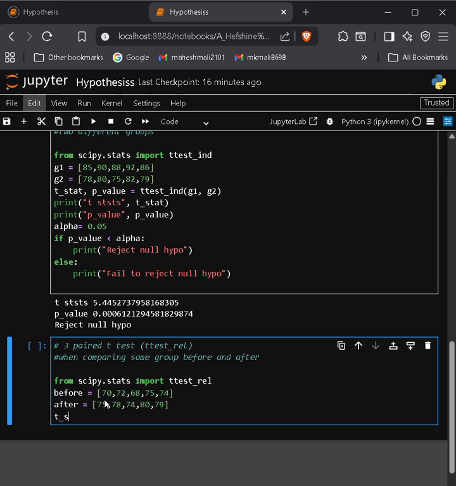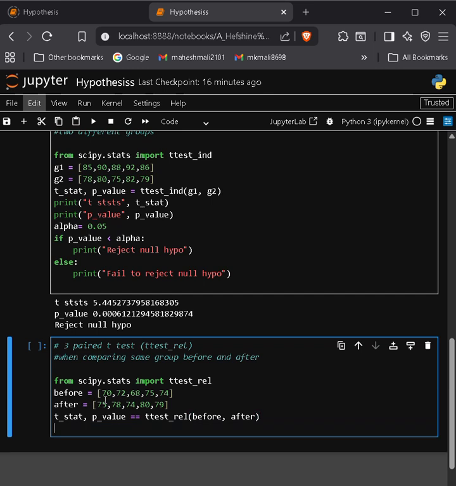Then t-stat and p-value are equal to ttest_rel, and we mention before and after.